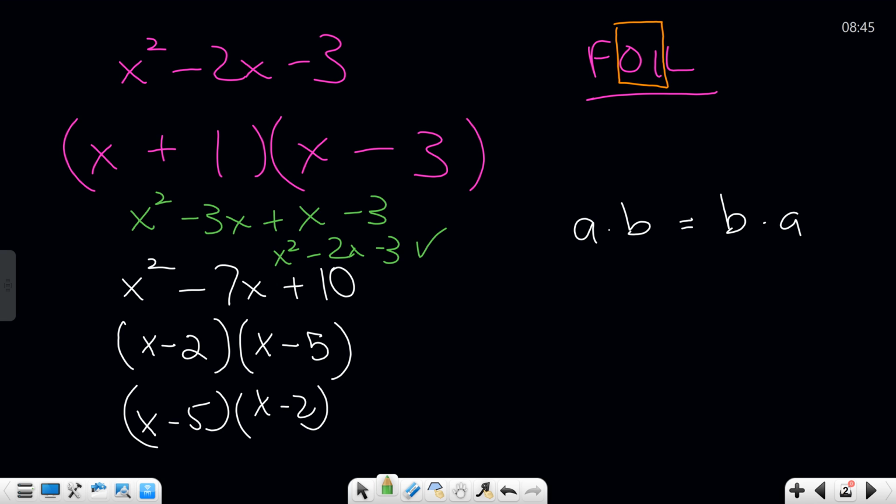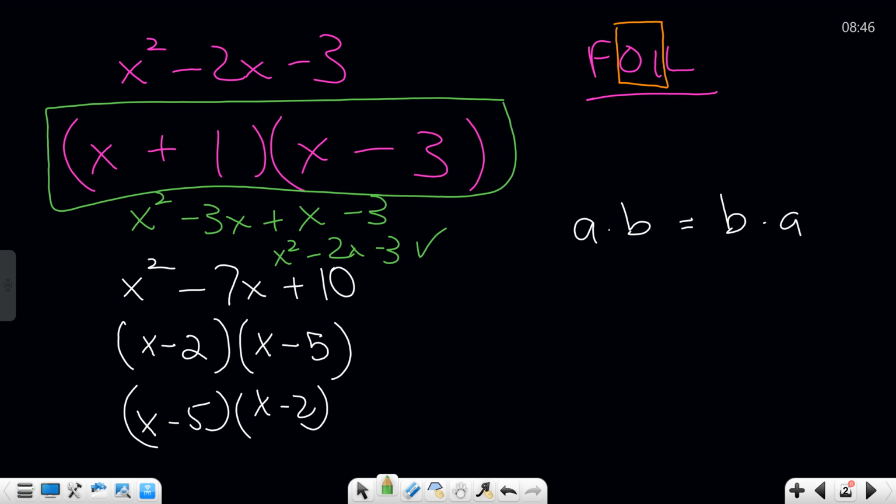You don't have to multiply it back out, but when the problems get more complicated, if you check that OI term, that will act as a quick check to make sure you have the right answer. Now, if you want to multiply every one of these out, that's okay. However, notice that in this problem, this is my answer, and multiplying it out just takes me back to where I started. So make sure you have those two factors broken down.